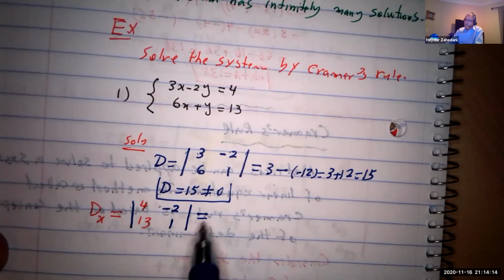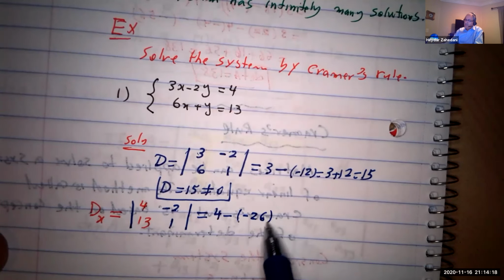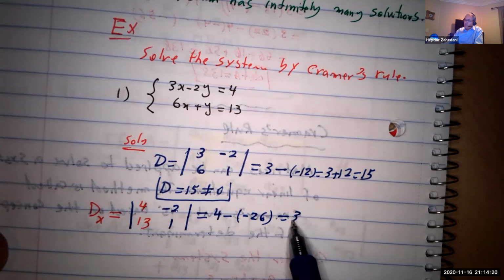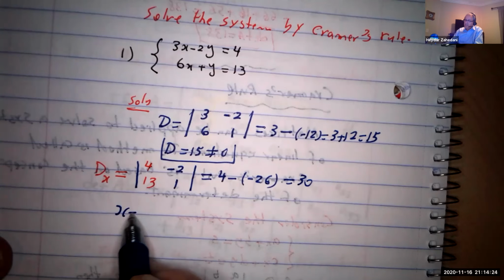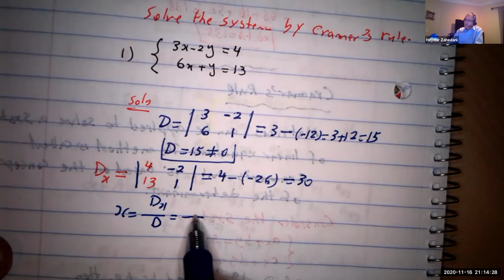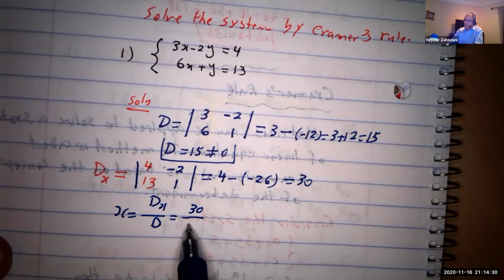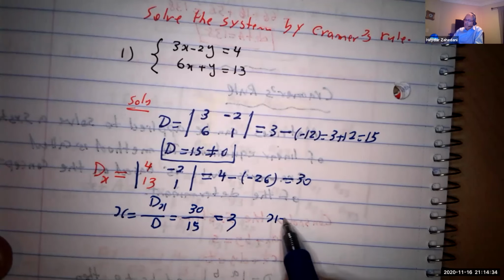Cross multiply, so that gives you 4 minus -26, which is 30. So we are ready to find x. x is D sub x over D. 30 divided by 15 gives us 2. So x equals 2.